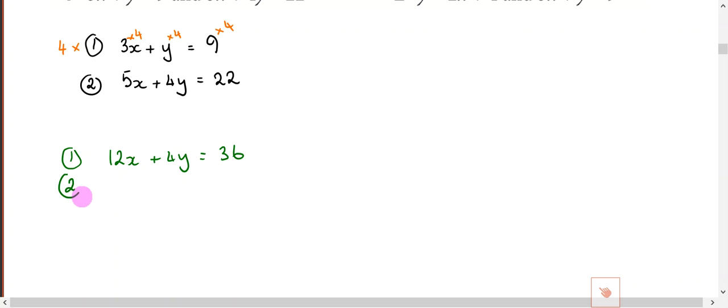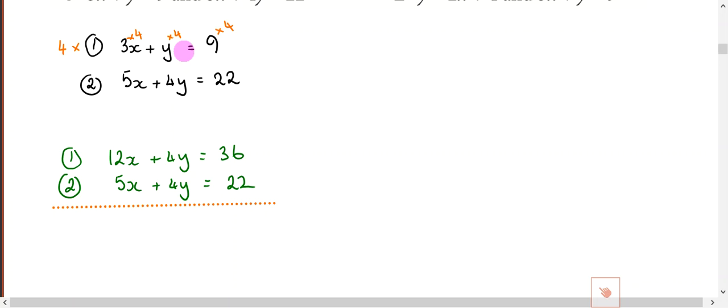My number 2 is still the same: 5x plus 4y equals 22. And I write that out like that. I rewrite it again. I'm not trying to save any trees at this stage in my career. You can do that at the end. Let's not try and save paper. Rewrite it because all you want to do is be able to sort that out.